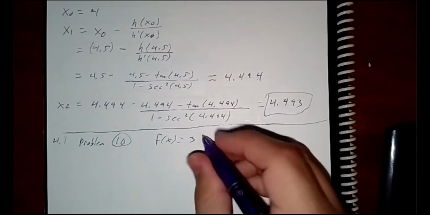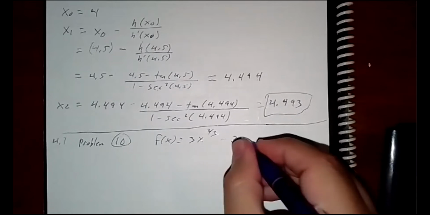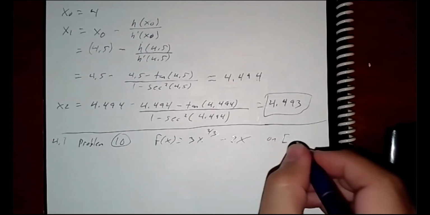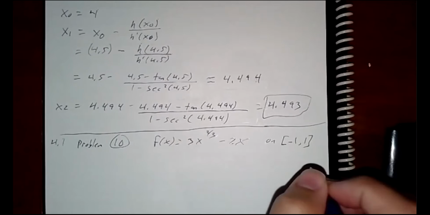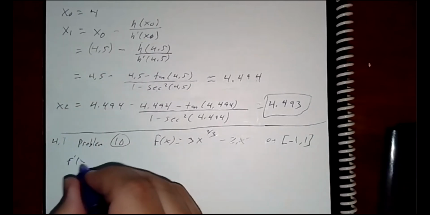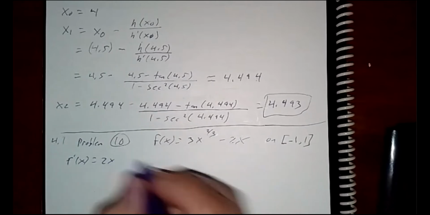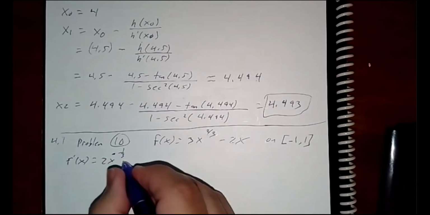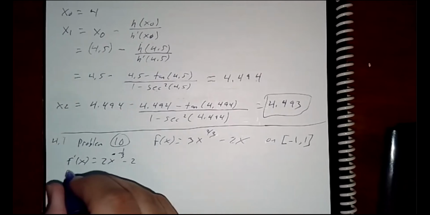So we have 3x to the 2/3 minus 2x, right? The first thing you do is take a derivative. So that will be 2x to the negative 1/3 minus 2. Then you set it to 0.